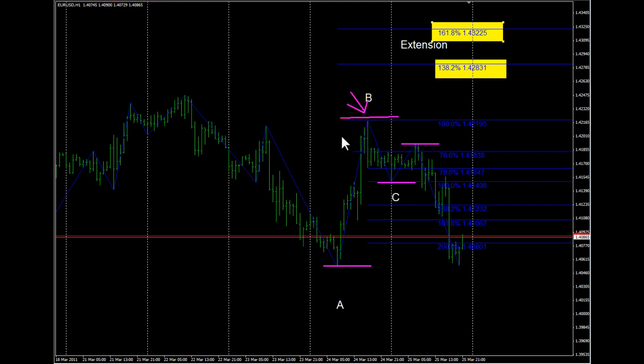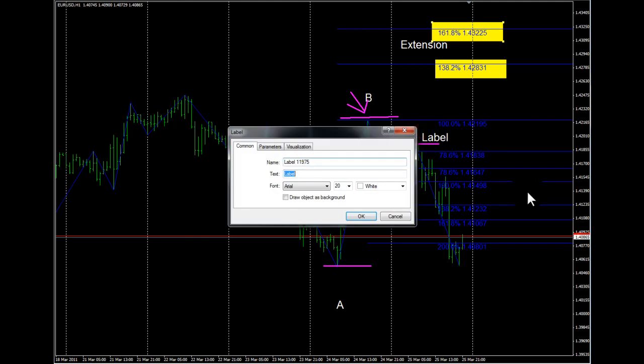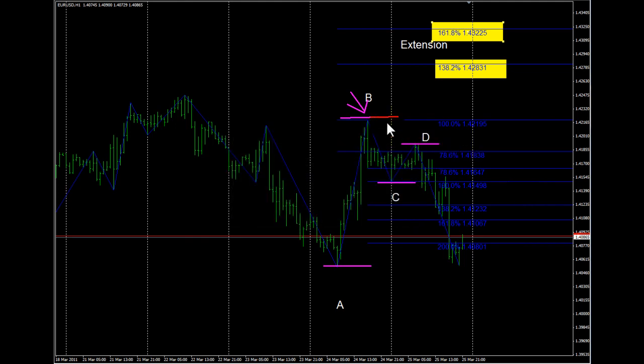All right, so we are taking the range between A and B, and we're adding it to B to go upwards for the extension. Same thing for the BCD wave. We're taking the range of the B and the C, and we're going beyond C and going downwards. Alrighty, so for this particular wave, we're starting out and build our projections starting at this point.